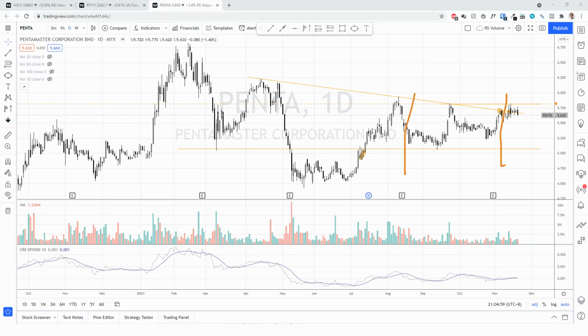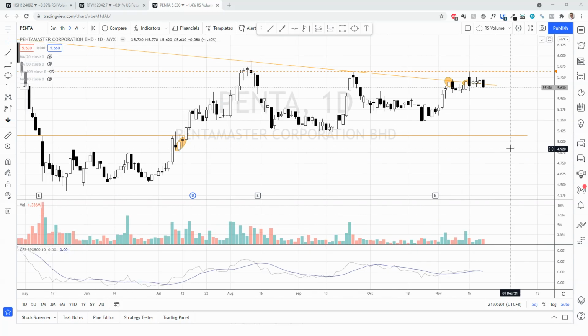At the moment, it is quite important to wait for a commitment. If you haven't entered this trade, I would suggest waiting for a commitment above. If you can see my alert here, it's somewhere around 582. I want to see a commitment above 582. I think it could just travel up.